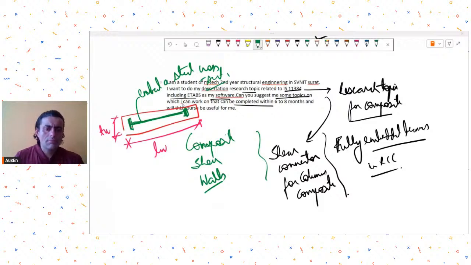There is not much information, or rather, I would say that composite shear walls are not covered in IS 11384 as of now. So maybe you could try to do some topic based on this. You may explore this more. I guess these types of topics you can think about.